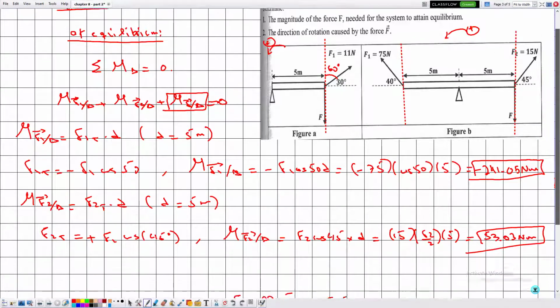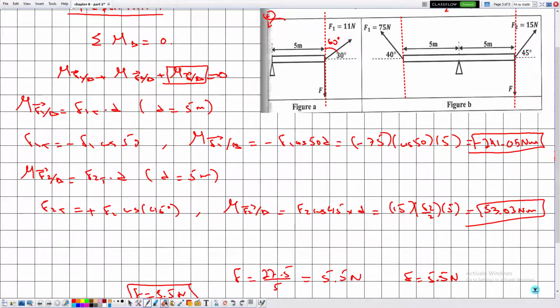Now finally, for the moment produced by the force F, it is exactly the same, nothing will change. So the moment of the force F on delta is equal to F tangential multiplied by d, given that d is equal to 5 meters.